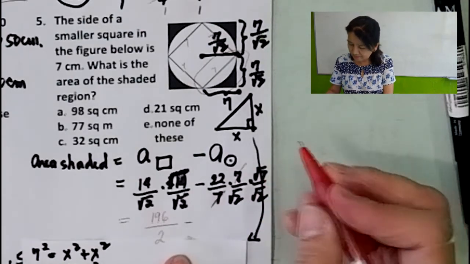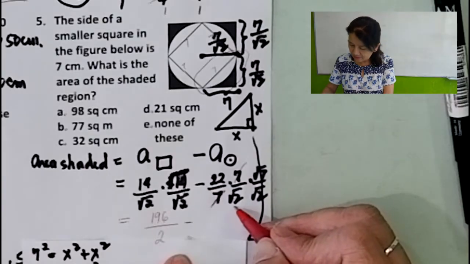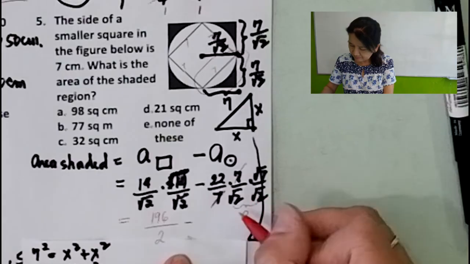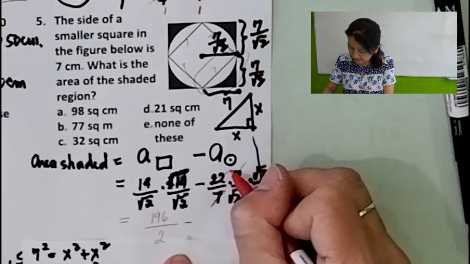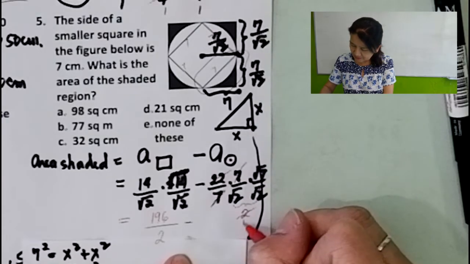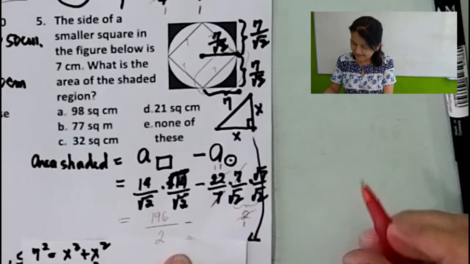That gives you a 1. Square root of 2 times square root of 2 gives you a 2. Do you see that it will cancel with 22 here? So 2 divided by 2 is 1. 22 divided by 2 is 11.